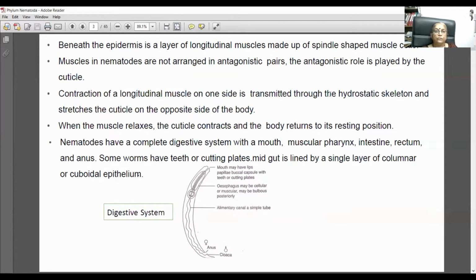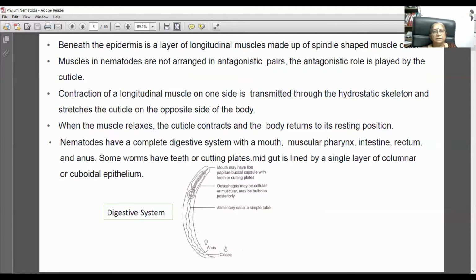The contraction of the longitudinal muscle on one side is transmitted through the hydrostatic skeleton, and the cuticle stretches on the opposite side. That is how the movement of the worm is possible. When the muscle relaxes, the cuticle contracts and the body returns to its resting position.